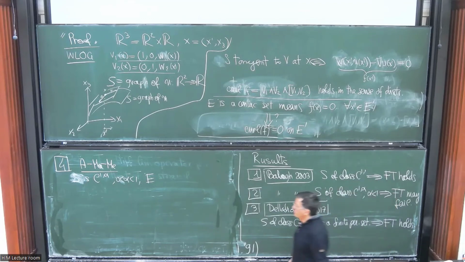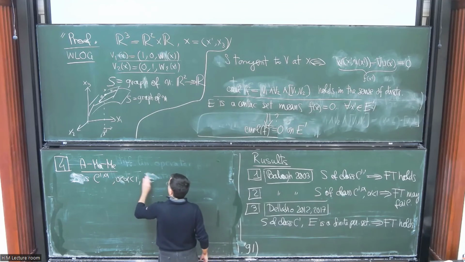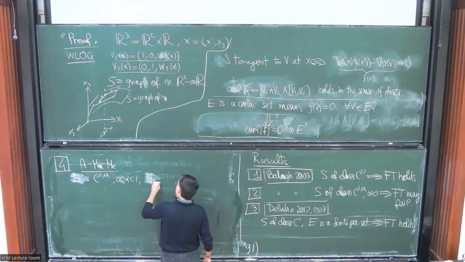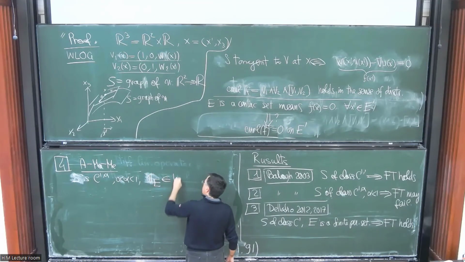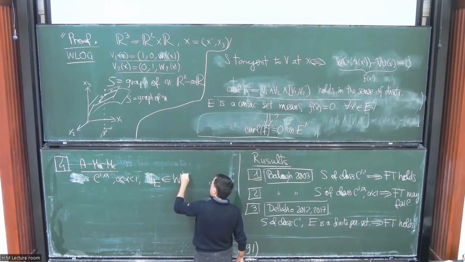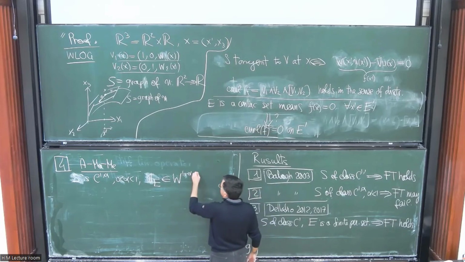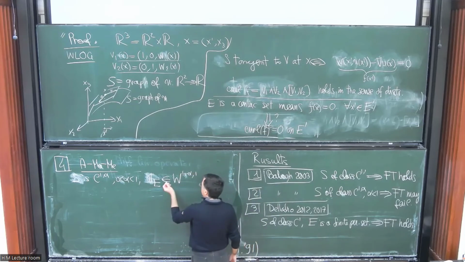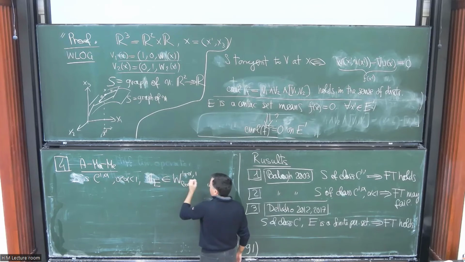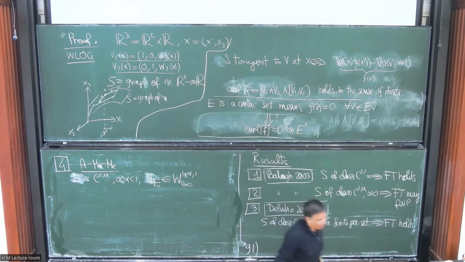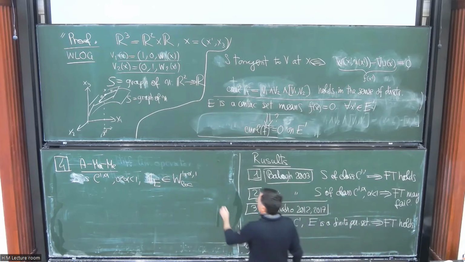Let me say it in terms of Sobolev spaces. So I have a derivative of order 1 minus α, something less than a full derivative, which is, say, in L1. Okay. And locally, because this is a local problem, then the Frobenius theorem holds.